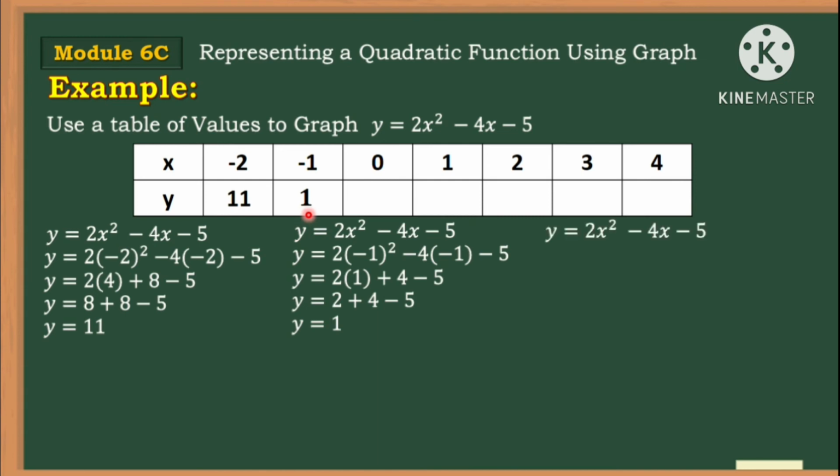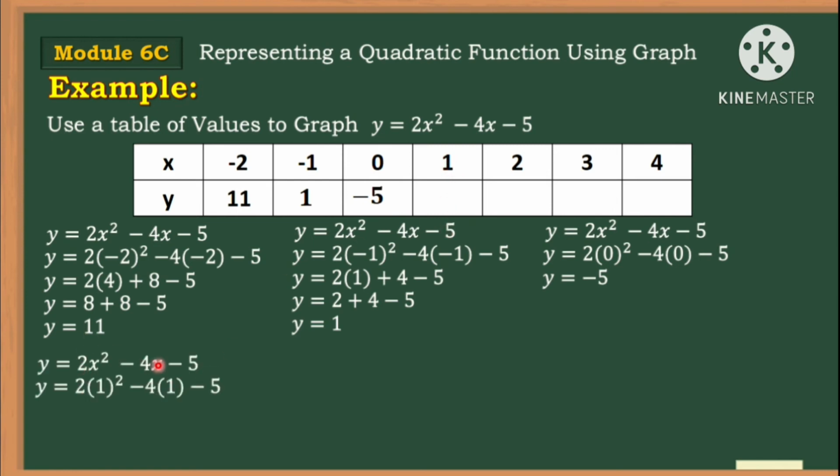Okay, if x is 0, so 0 ito, 0 na rin ito, so ang natira ay negative 5. So x is 0, then y is negative 5. If x is 1, from the original equation or function, so 1 times 1 is equal to 1.